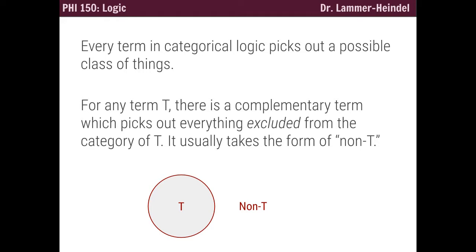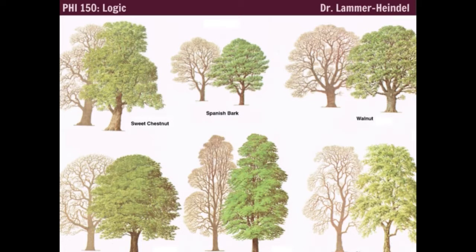Now, if that's the case, what we're going to need is an easy way to identify or designate everything that stands outside of a class of possible things. So for example, the term trees picks out everything we call a tree, obviously. Every specific singular tree that exists in the world is going to fall within that category.